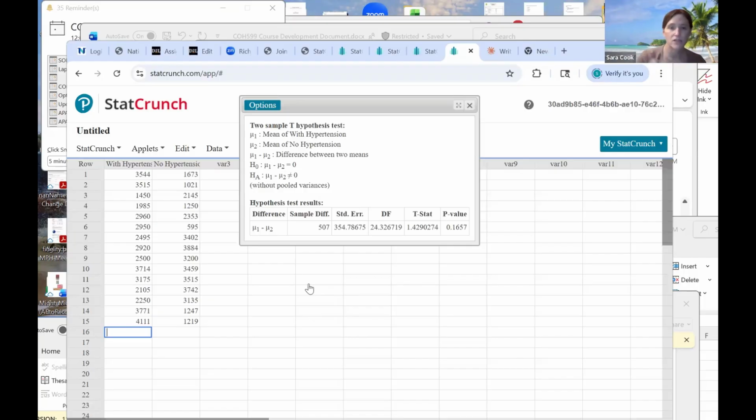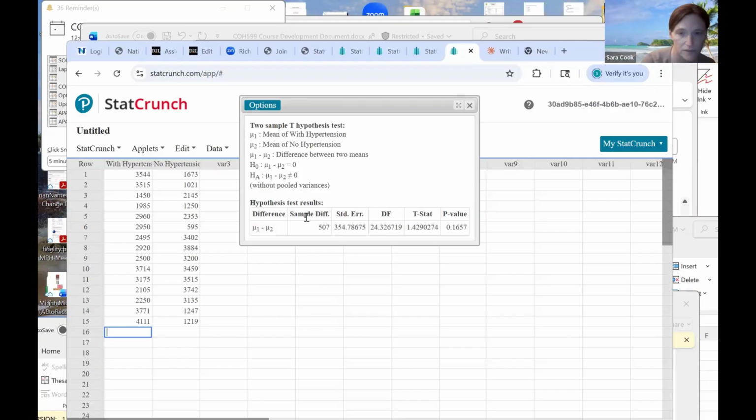There's nothing to suggest here that this difference that we calculated is statistically significant. It doesn't hold up because it's not large enough to suggest that we couldn't have had that by chance. The t statistic itself, which we don't ask you to calculate, is a simple calculation: the sample difference divided by the standard error, right?